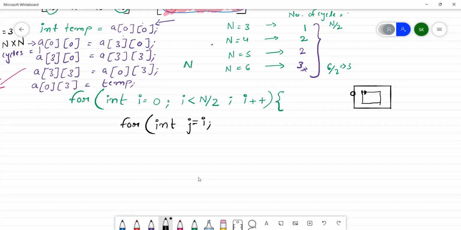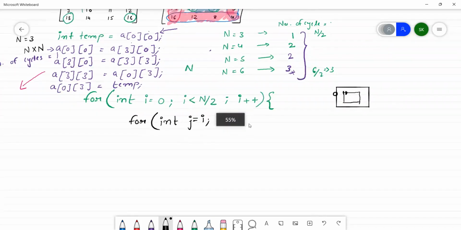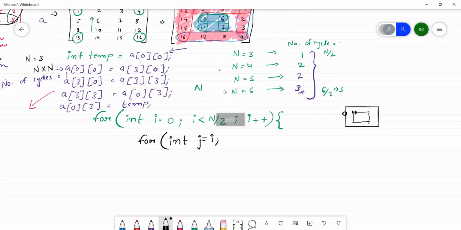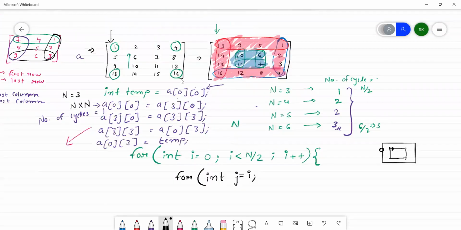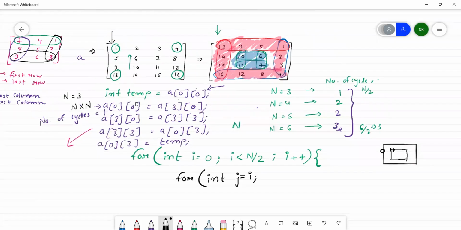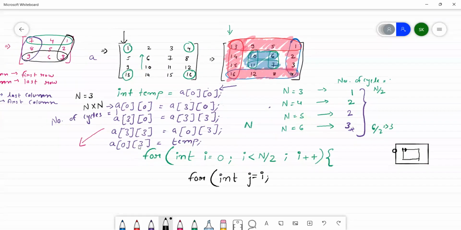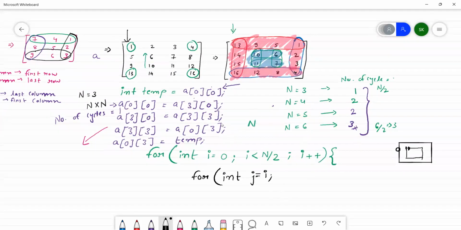And that's why I allocated J equals to I. Clear? Madam, I have still one doubt. You are explaining that 0, 0 is moving to 3, 0. What about A10 or A01? They are also moving. We are not considering that into the temp variable. But A10 and A01 are not our concerns right now.